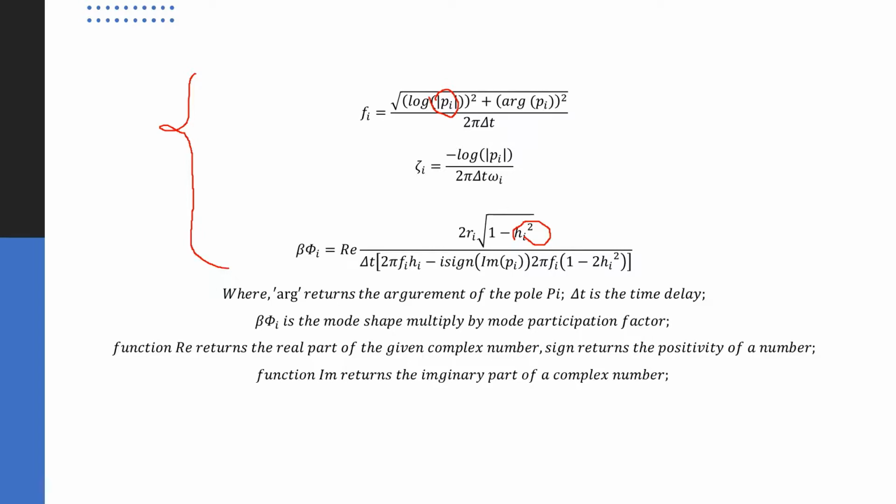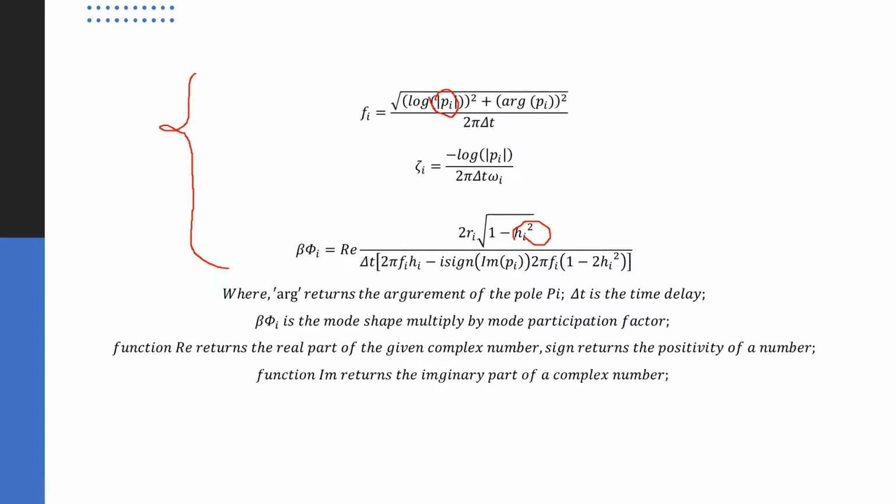The function arg returns the angle between the positive x-axis and the pole pi. The delta t is defined as the time delay. The beta phi I is the mode shape multiplied by the mode participation factor, which means the factored mode shape. The function Re returns the real part of the given complex number, and the function sign returns the positivity or negativity of the number.